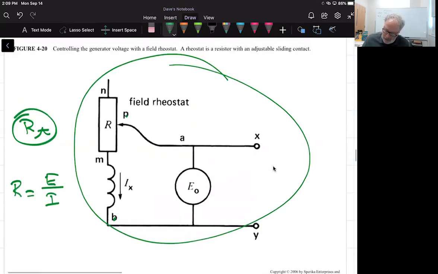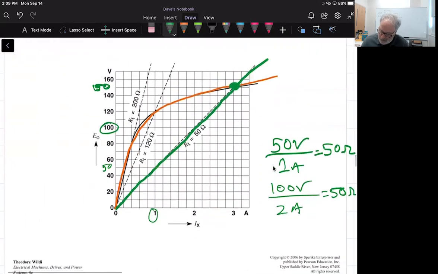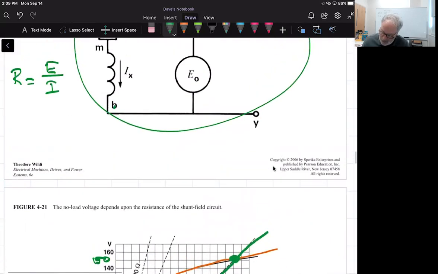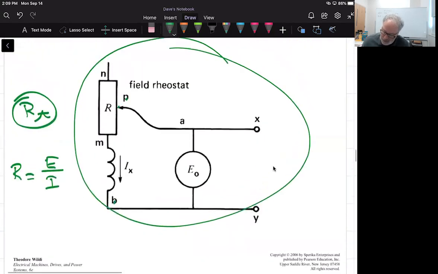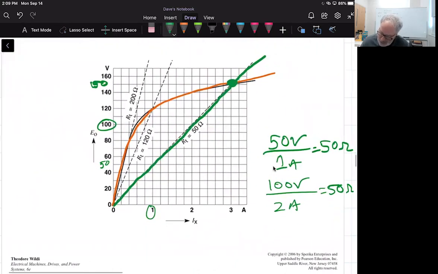Then I could pick another point. Say I'm altering the connection to the field rheostat, and I'm looking at a total resistance of 120 ohms. Again, I'm going to plot that same curve.